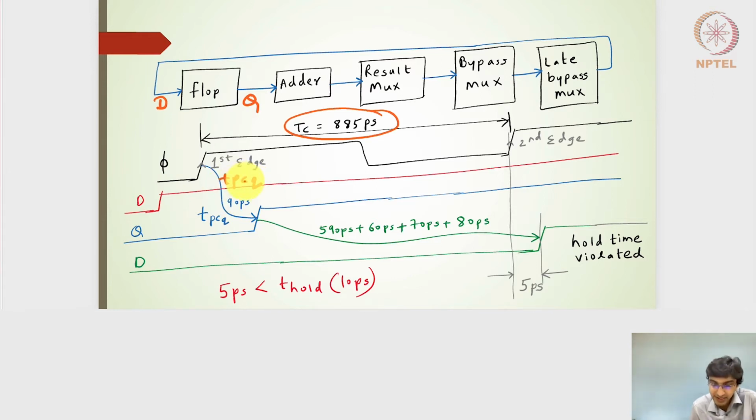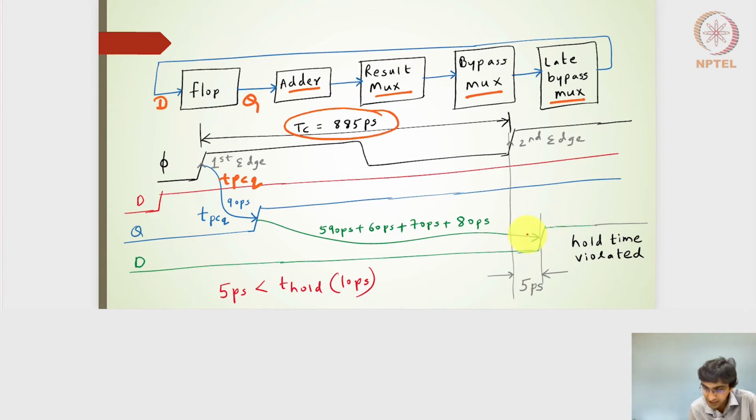Right, so after the propagation clock to Q delay, there will be an adder, result mux, bypass mux, and late bypass mux. If I consider the propagation delay of the adder, the result mux, the bypass mux, and the late bypass mux, it will be 590 plus 60 plus 70 plus 80. So 590 plus 60 is 650, plus 150 will be 800 picoseconds. From here to here, it will be 800 plus 90, so 890 picoseconds.